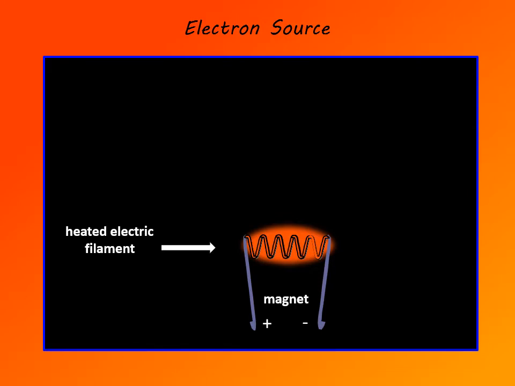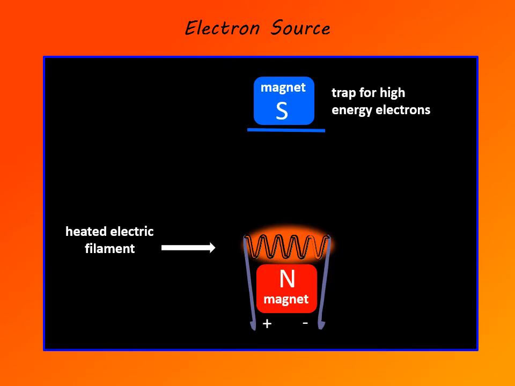The filament becomes incandescent, and then when a magnetic field is applied, those electrons are accelerated. That gives electrons high energy, and those are the high-energy electrons that collide with organic molecules to ionize them.